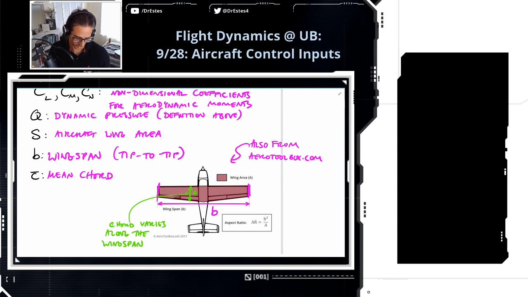So when we talk about the mean chord, we're looking at the mean value in terms of how much of the span it takes up. So the mean chord value over the span.